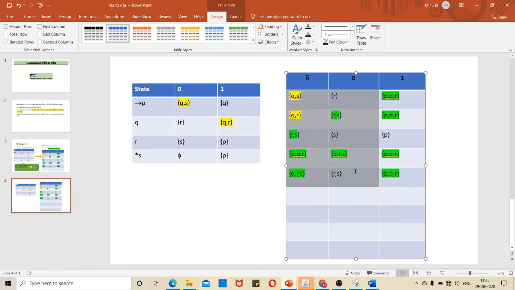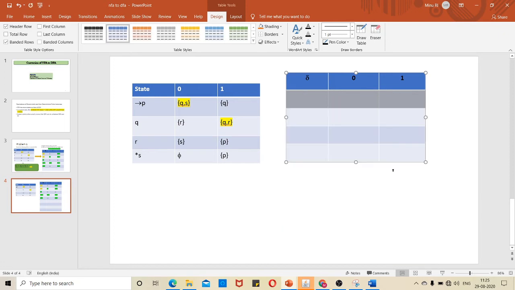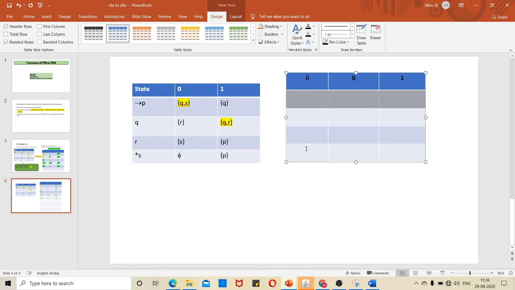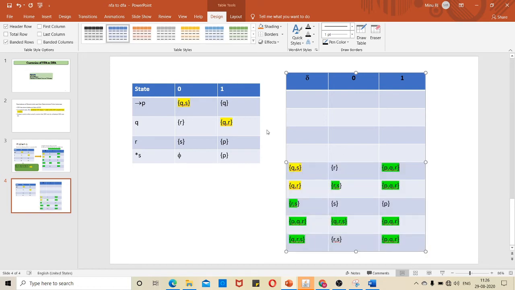Okay, so you copy this, sorry, okay, so let me copy this again. Okay, so now this is actually my NFA state, NFA state, NFA state.